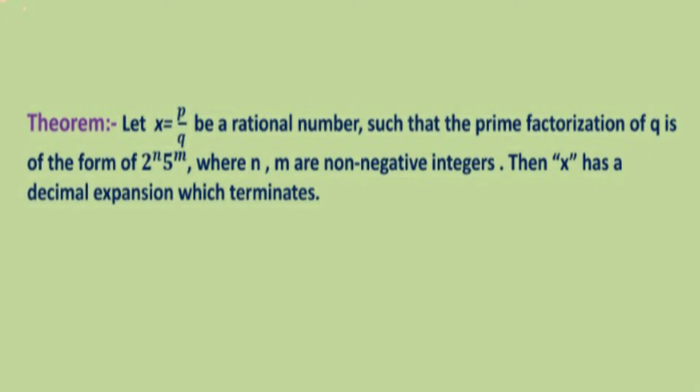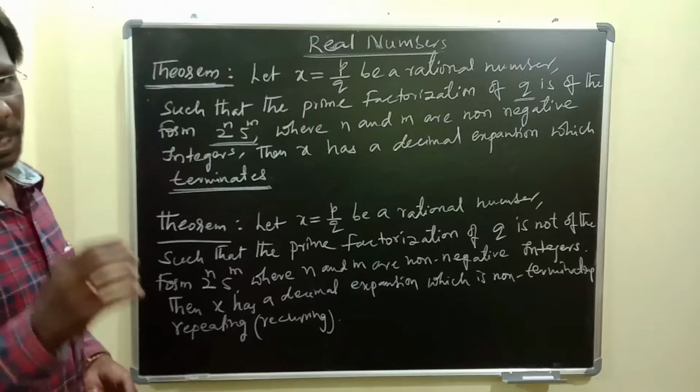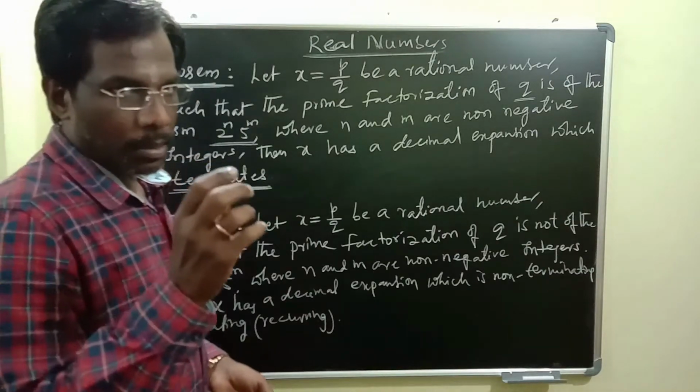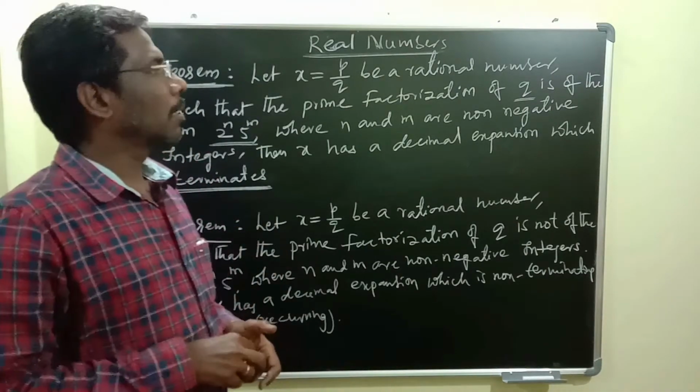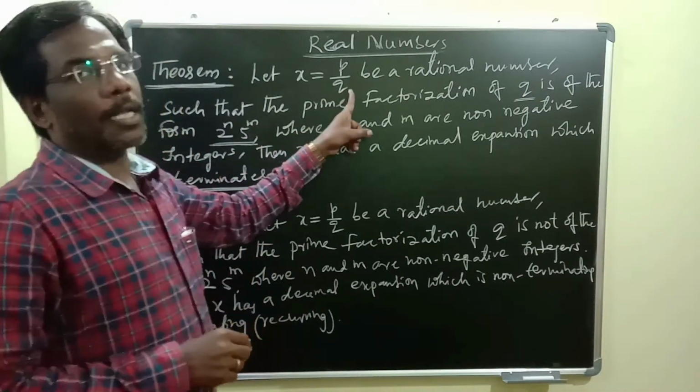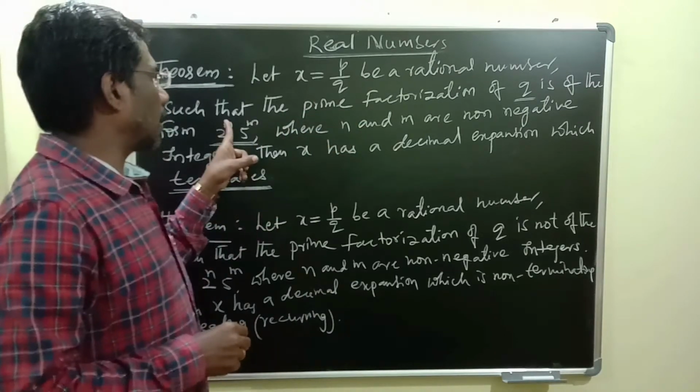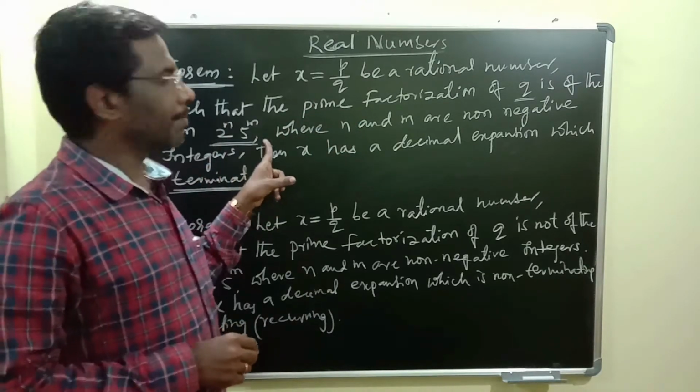Then x has a decimal expansion which terminates. The condition for a terminating decimal is that the denominator should be in the form of 2 power n into 5 power m.